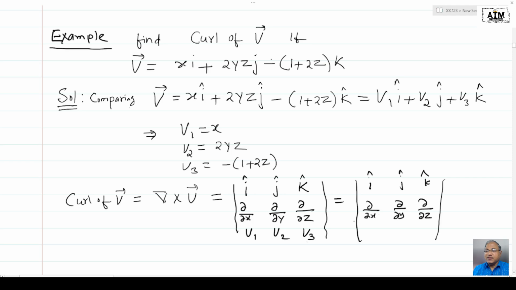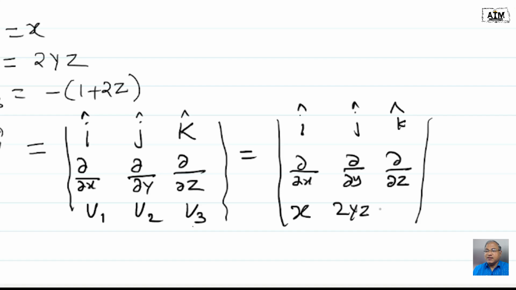Some people call it dabba and some people call it dou. I have the habit of saying dou. For you, I am speaking both. Now what is v1? v1 is x. What is v2? 2yz. And what is v3? Minus of (1 plus 2z).